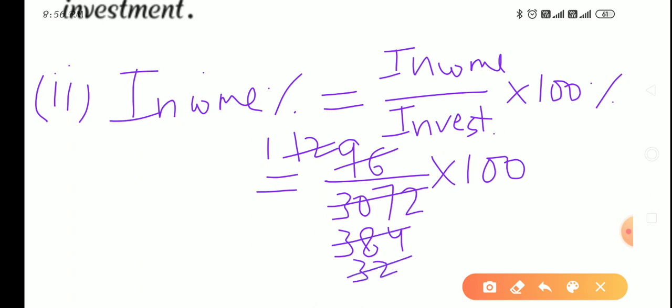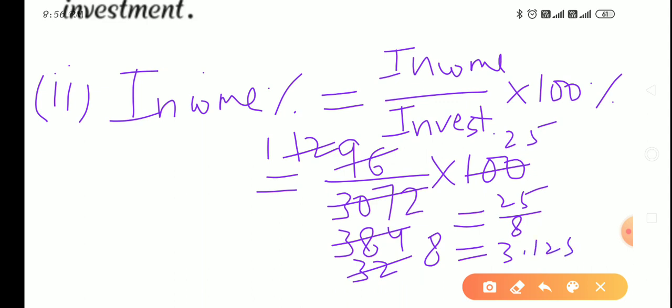Now by 4 you can divide. 4 8s are 32, 4 25s are 100, so 25 upon 8. 25 upon 8 will give the answer. Finally you can get 3.125%. So this is the income percent.